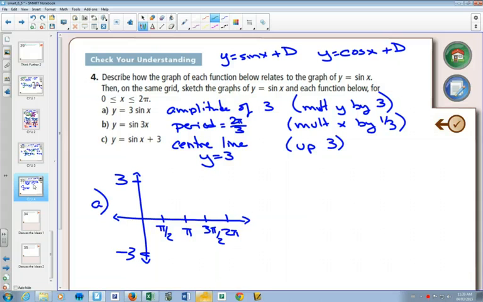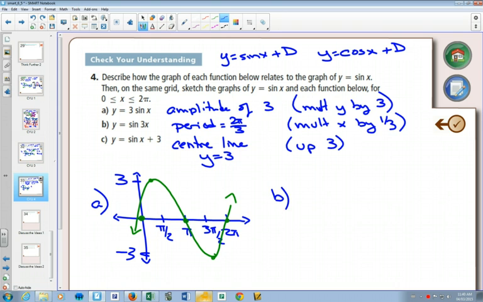It's a sine graph which starts on a center line going up. And there we have our first graph. See why it's so important to have that original graph memorized? So that you can quickly change it.